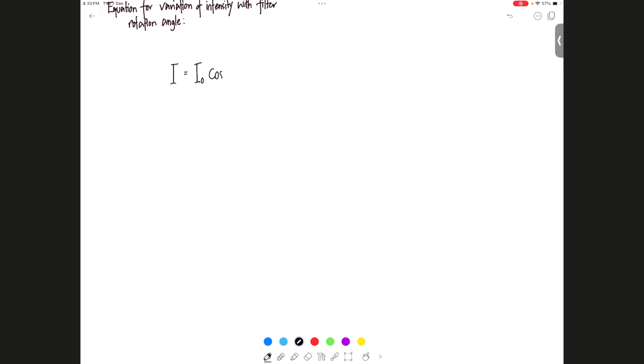I হচ্ছে intensity observed, I naught হচ্ছে original intensity, and angle টা হচ্ছে angle between vertical and rotation.